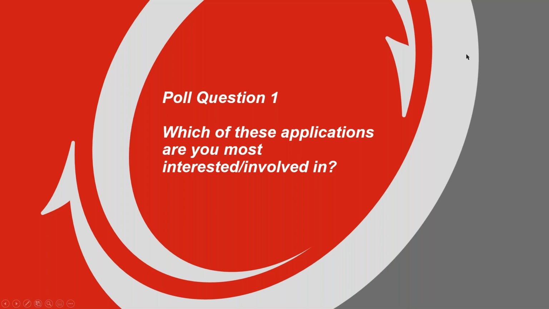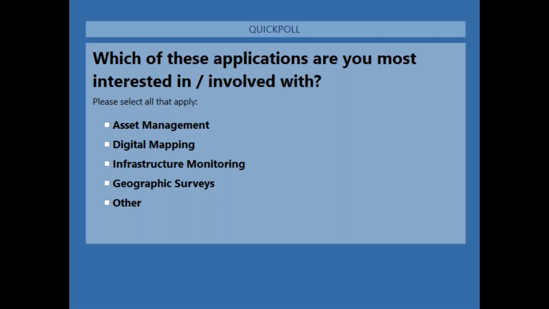So we'd just like to open with a poll. If you could tell us which of these applications you're most interested in, and we can think about how the Boresight calibration ties in with your particular application. Of course, there are so many different things that you can do with LiDAR surveying. It's hard to capture them all. So we've given these 5 different answers here: asset management, digital mapping, infrastructure monitoring, geographic surveys, and other.